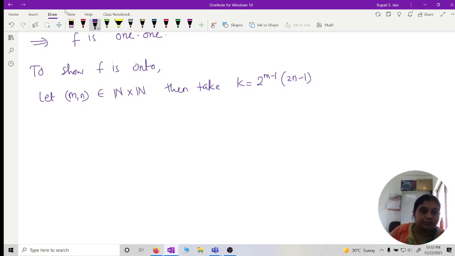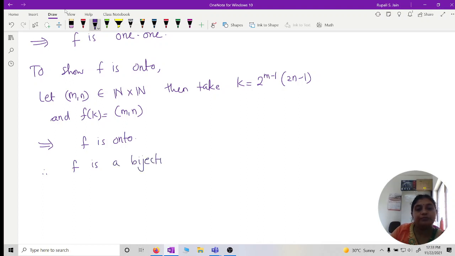Yes, ma'am. What will be my f of k then? It will be just the ordered pair m, n. Then this implies f is onto. Therefore, f is a bijective map, and hence N cross N is countable. Is that okay?